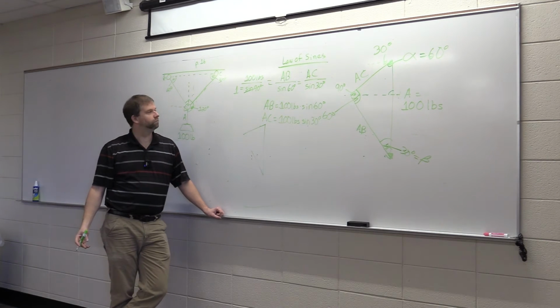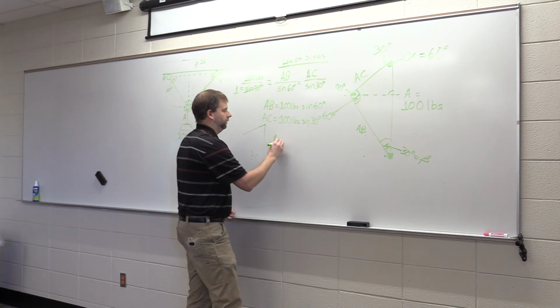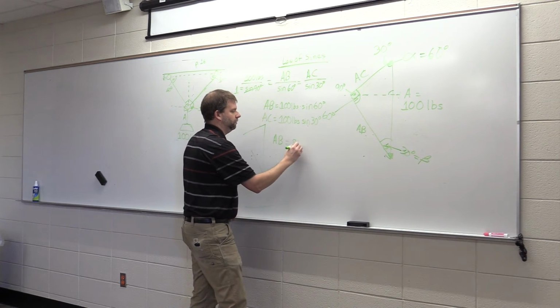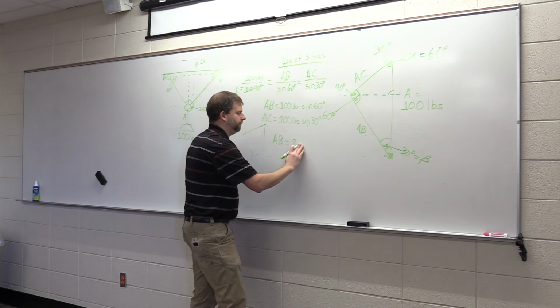Sine of 60 is 0.8660. Okay, so AB, so it's 87, essentially.